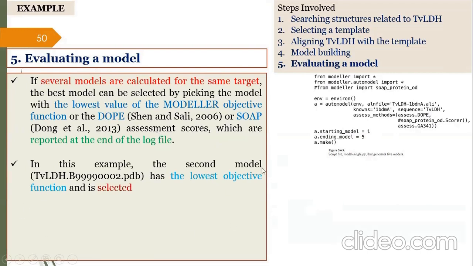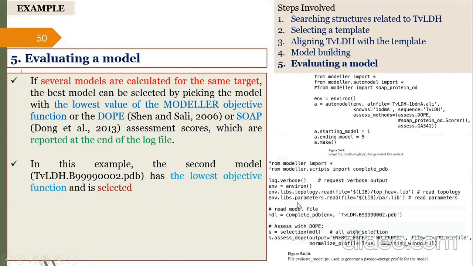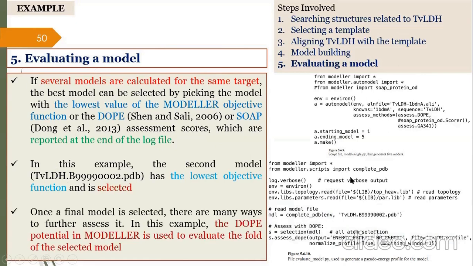So in this example, the second model has the lowest objective function and is selected. So if you can see this one, this is assess, and the DOPE score, here it's not given. That was shown in the video actually.